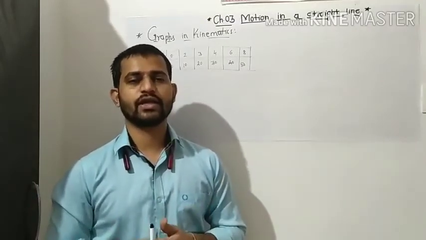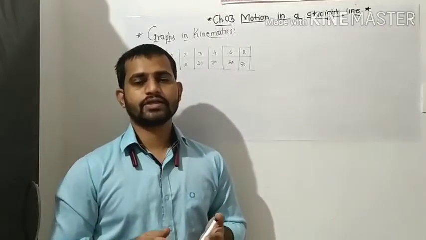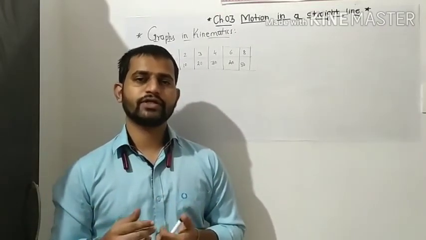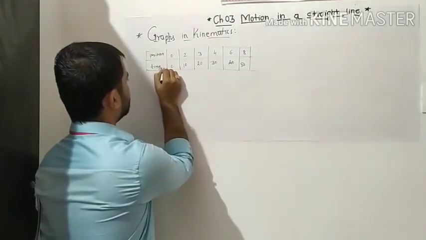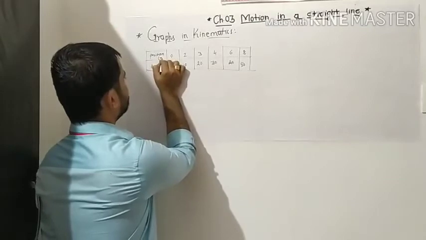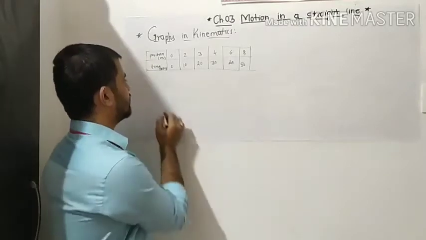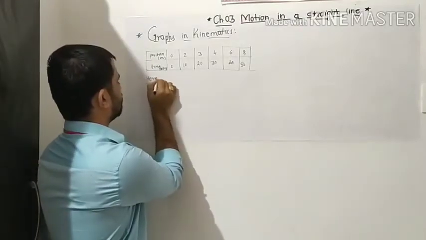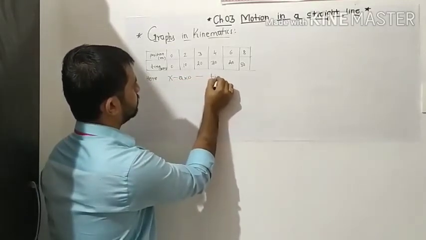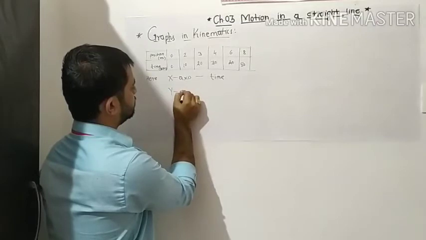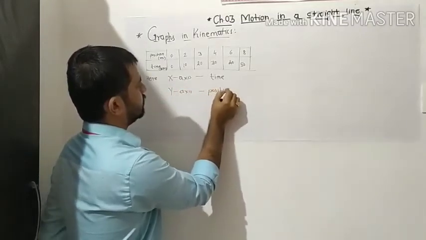This one is given in seconds, and this is given in meters. So along the x-axis we take the time, and the y-axis will represent the position, that is the displacement.